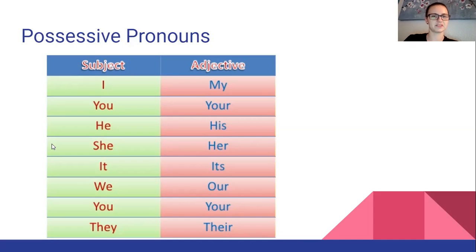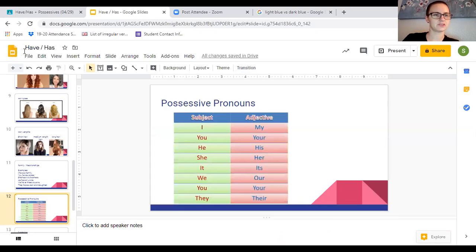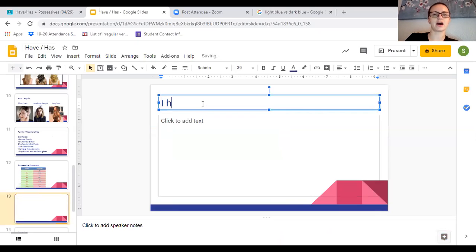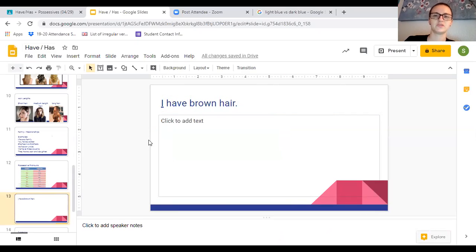I'm going to pop out of this and make another slide. I have brown hair. This is a subject pronoun right here. It can be by itself, it can be the subject, and it comes at the start of our sentence.